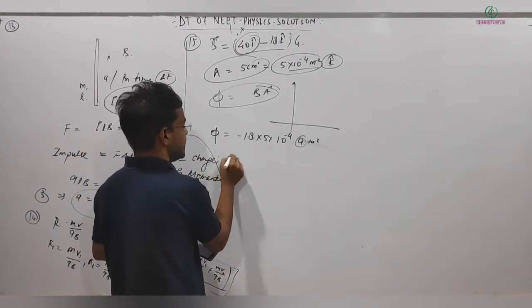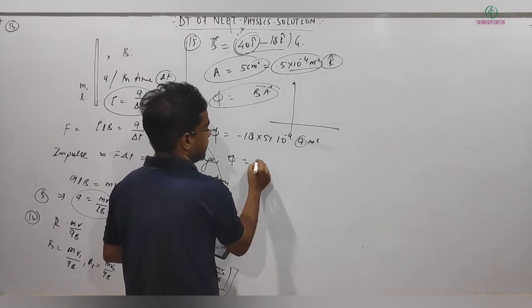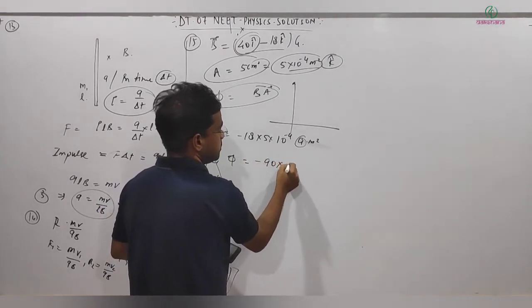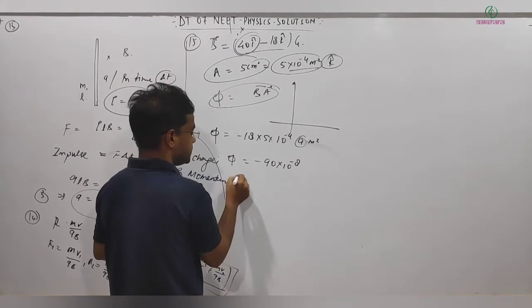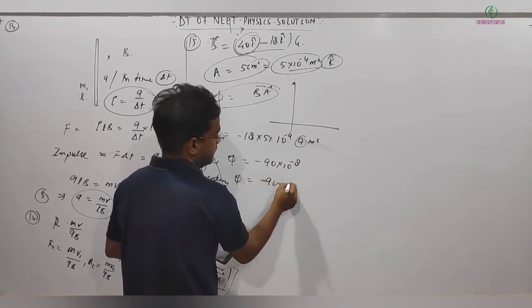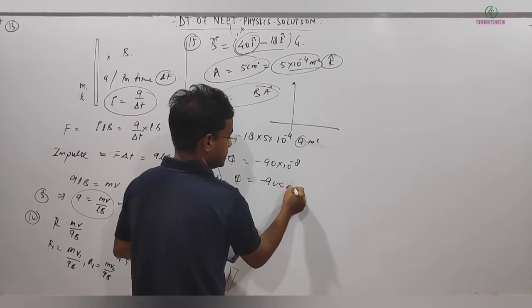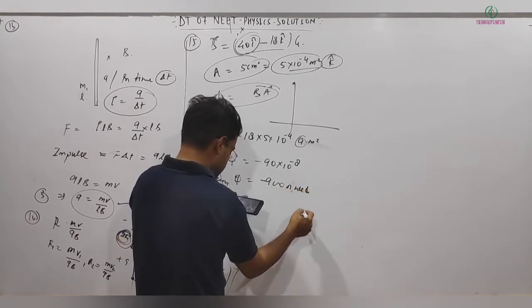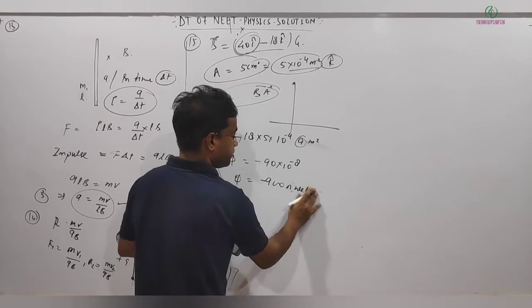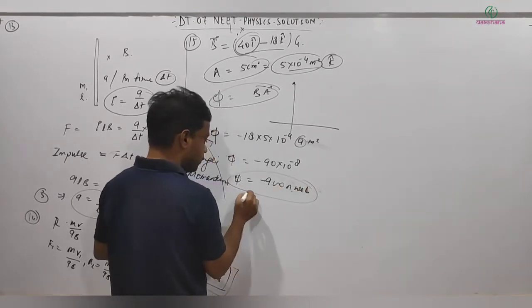Just changing that, it comes out to be minus 90 into 10 to the power minus 8, and that can be written as phi equal to minus 900 nano Weber. So that matches with option 1.